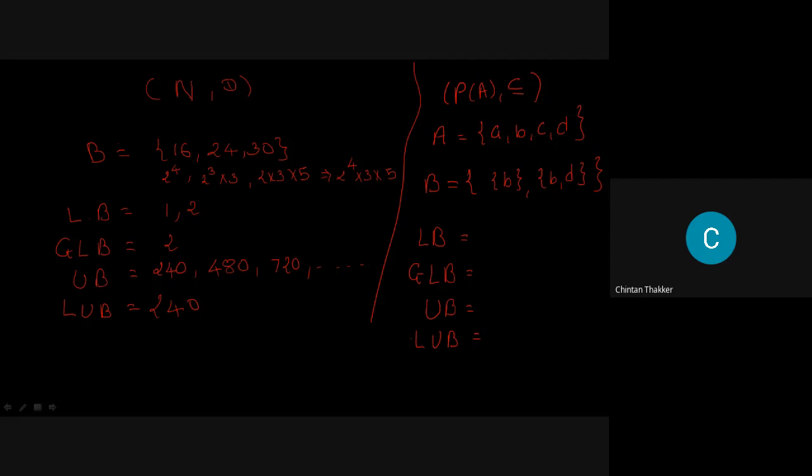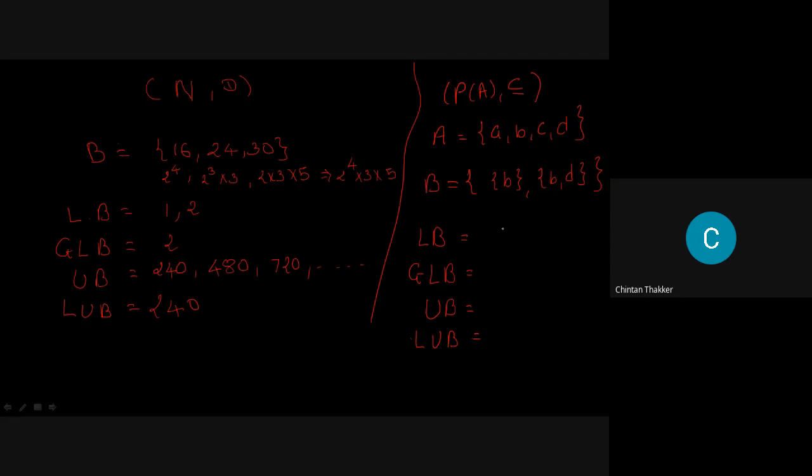लोअर बाउंड मतलब आपको ऐसे सेट्स फाइंड करने हैं जो B के सभी सेट के सबसेट हों. ठीक है, तो B में दिया है singleton {b} और {b, d}. So we know that phi is a subset of each set.